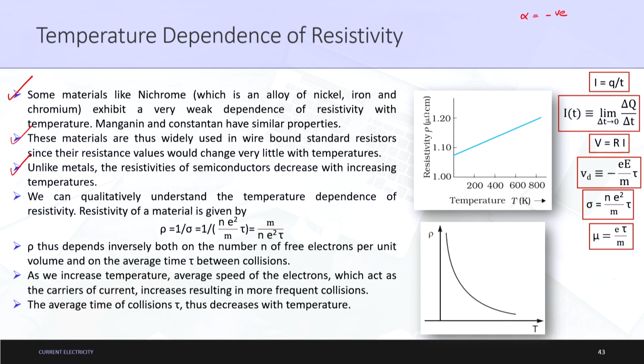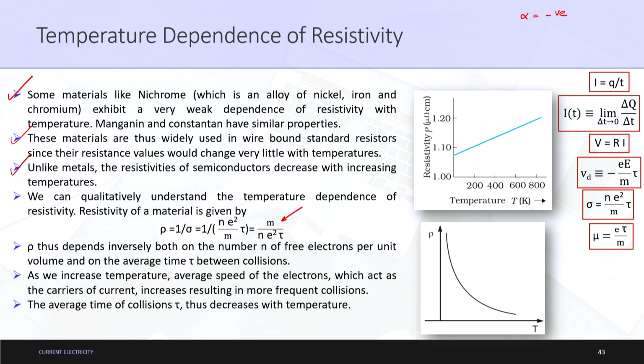Okay. Next, we can qualitatively understand the temperature dependence of resistivity. These are concepts evolved from the previous concepts of drift velocity and origin of resistivity. Rho is the inverse of conductivity, which is equal to m upon n e square tau.